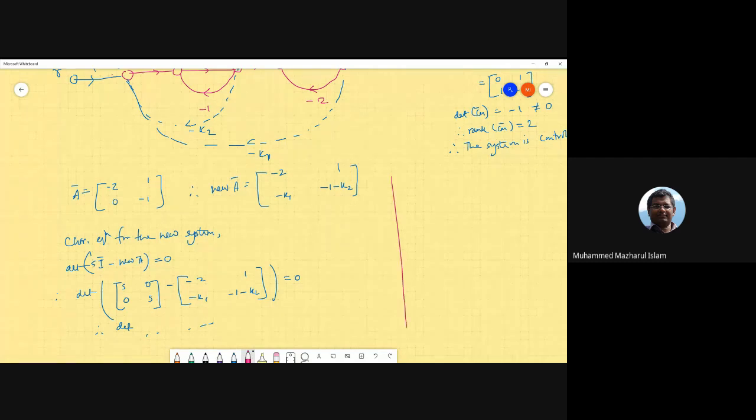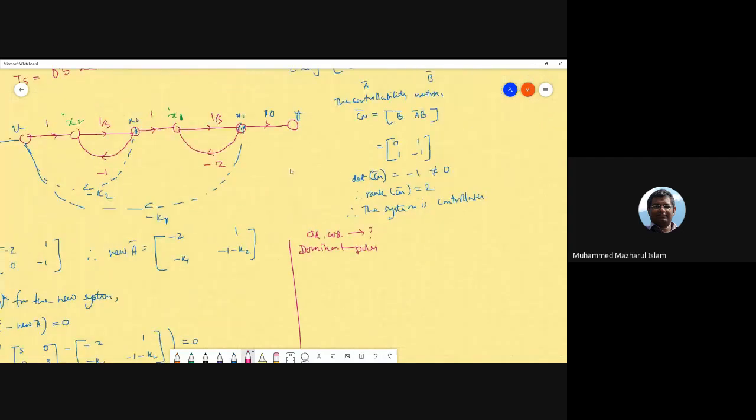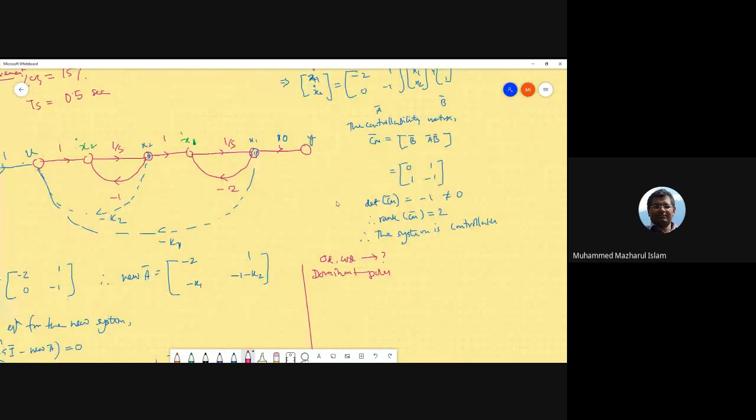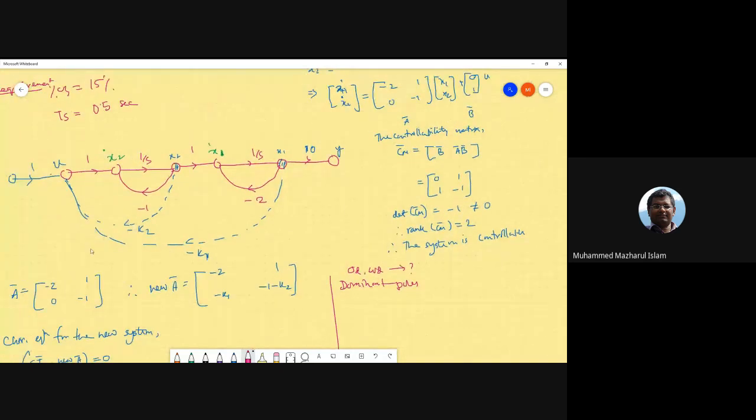On the other hand, I'll get an equation from the desired values. You can get the dominant poles, so find sigma d and omega d. You've just calculated sigma d and omega d from percent overshoot and settling time for 12.1, so I'm sure you can do this here as well.